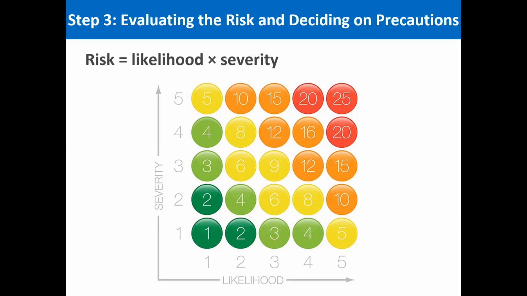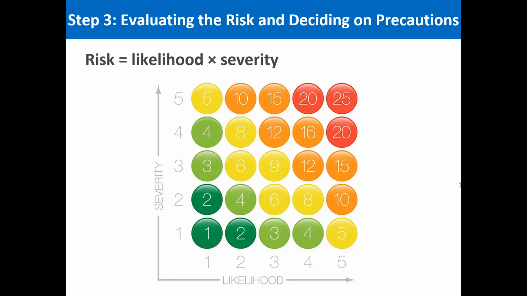Once you're done, you will multiply the severity and likelihood for driving and give it a risk rating, and then multiply likelihood and severity of H2S and give it a risk rating. Are you capable of doing this small exercise? Then we will discuss how you assign this and what the actual risk rating is.